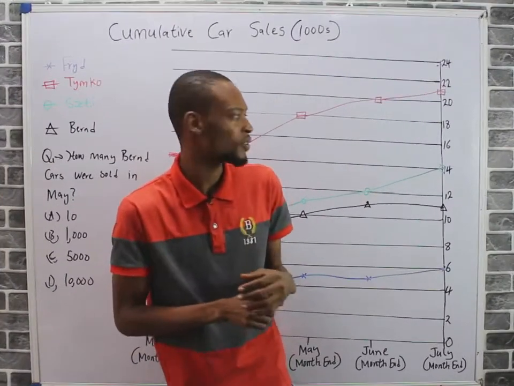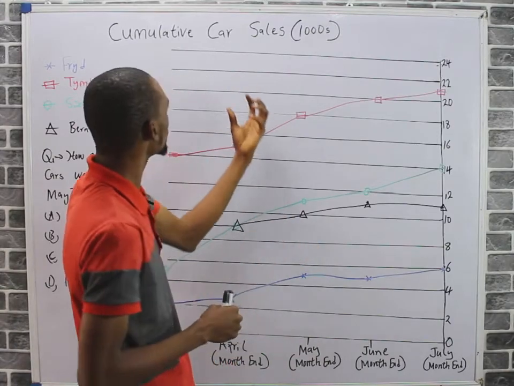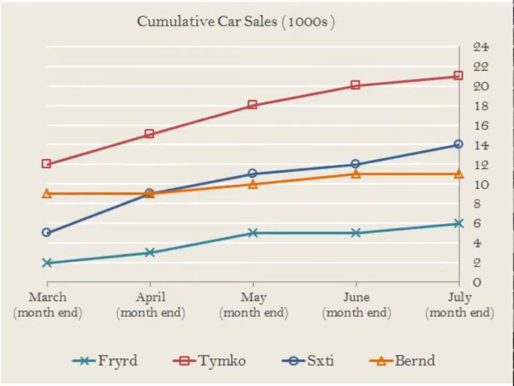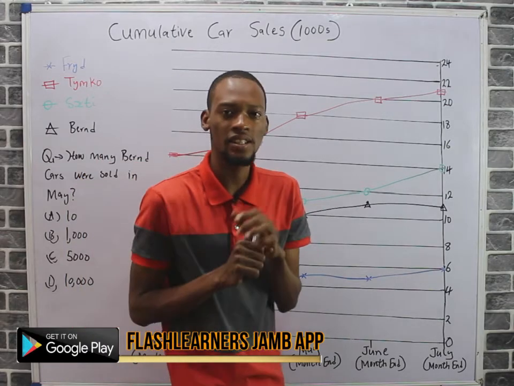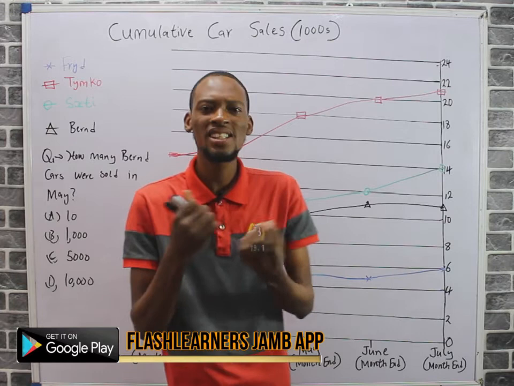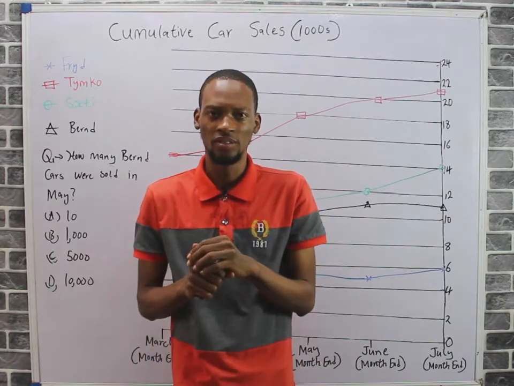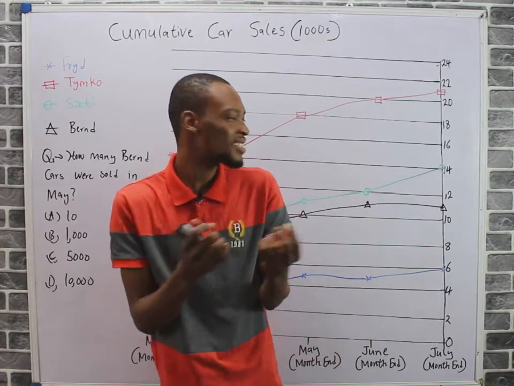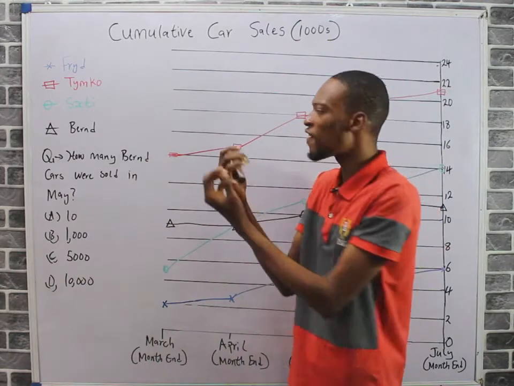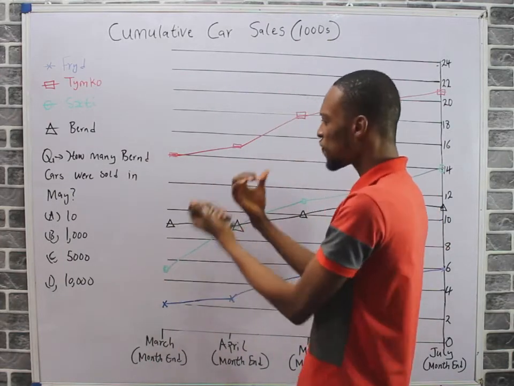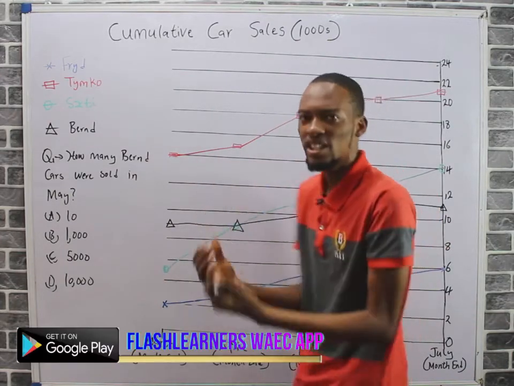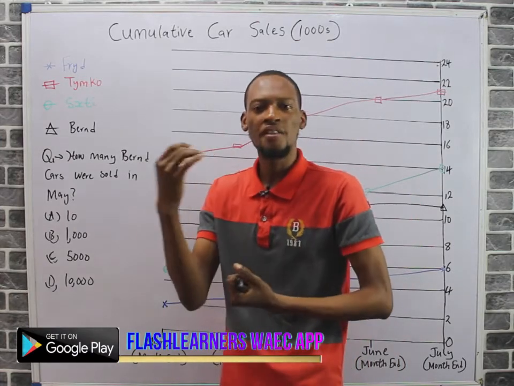For the first question, we are given this data. It says cumulative car sales, 1,000. What is cumulative? Cumulative simply means the amount so far, not the amount now, the amount so far.